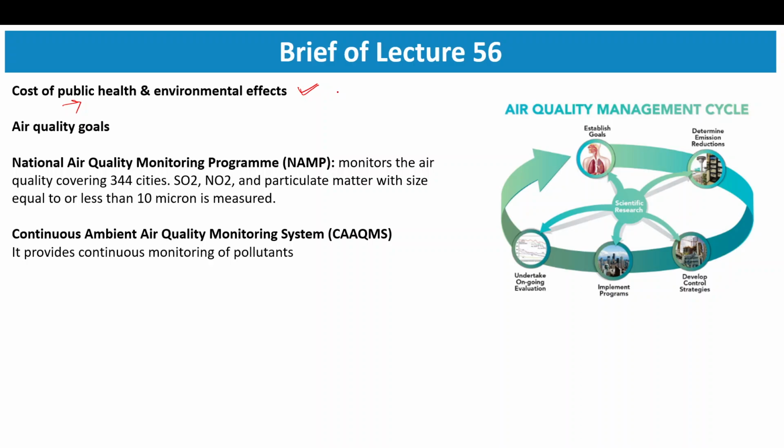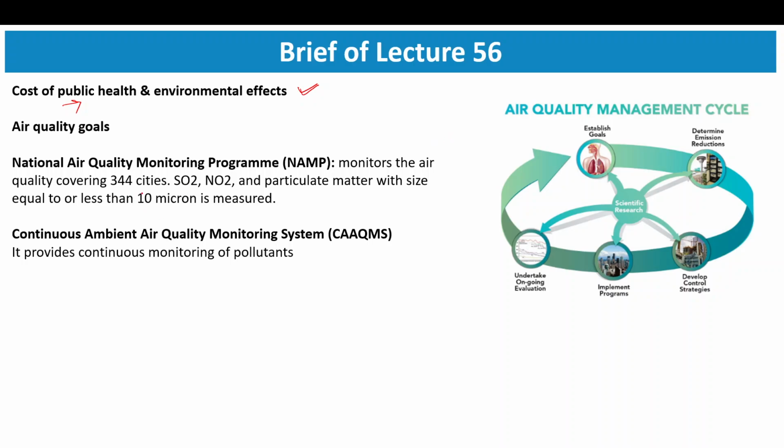Now, to achieve these goals, the government makes various provisions where it monitors the air quality, right? So there are various monitoring stations nowadays. There is the National Air Quality Monitoring Program, under which monitors measure the concentration of pollutants.